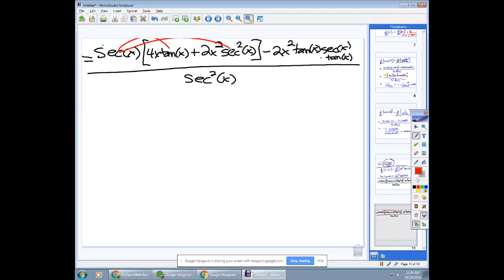So again, in a complicated expression, there's going to be many routes. We could say, I have this secant here, and that secant here can be factored out of the difference. And that'll cancel with one of these in the bottom. That's a better idea. Yeah, let's do that.